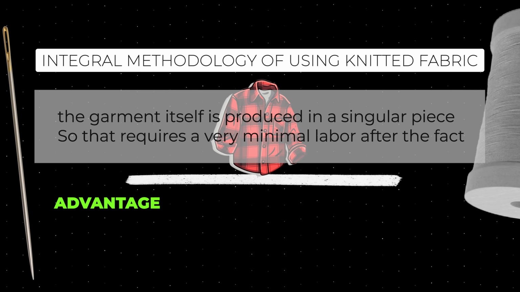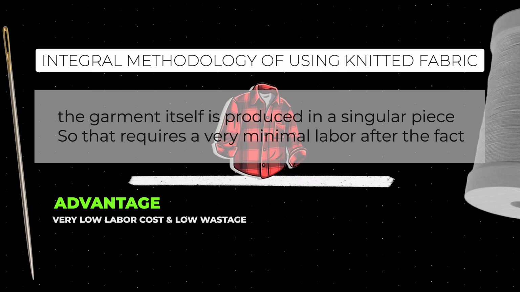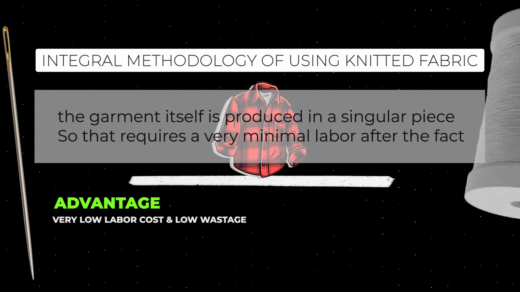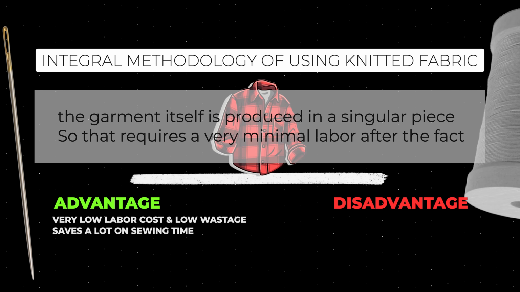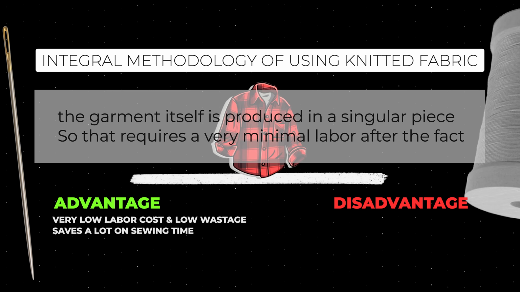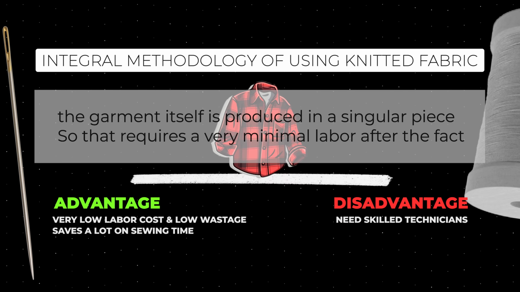The advantage here is that there's a very low labor cost, and ultimately there's low wastage because you're just creating exactly what you need, and this saves a lot on sewing time. Typically, factories that are able to do garments like this don't need a high capacity of skilled physical labor, they just need skilled technicians, which is the drawback.